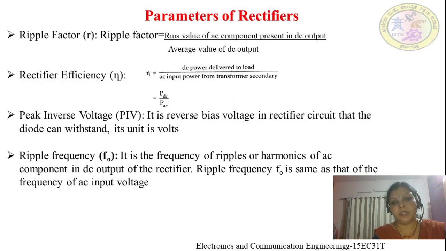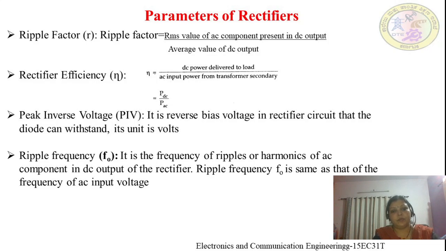PIV is nothing but the reverse or inverse voltage, the reverse bias voltage withstanding capability of a diode in a rectifier circuit. It is measured in volts. Ripple frequency is the frequency of the ripples or harmonics of the AC component present in the DC output.